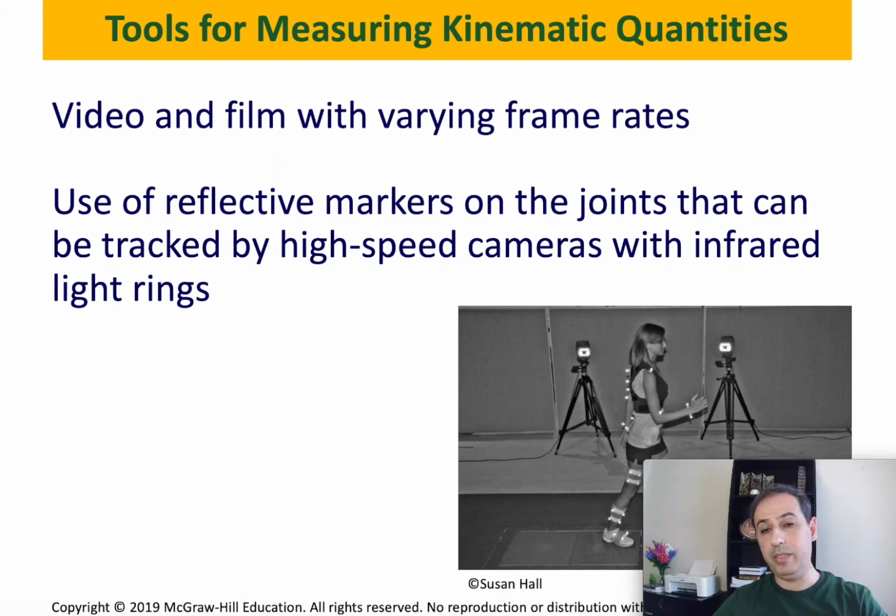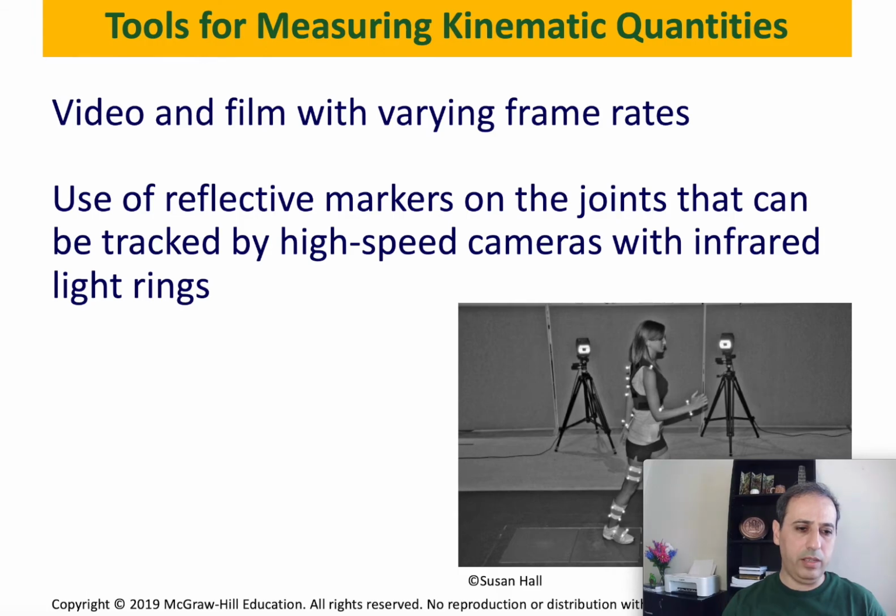This is actually becoming a standard in almost all biomechanical engineering analysis labs and human motion analysis labs. And we have one at Mount Union that we're going to use and work with.